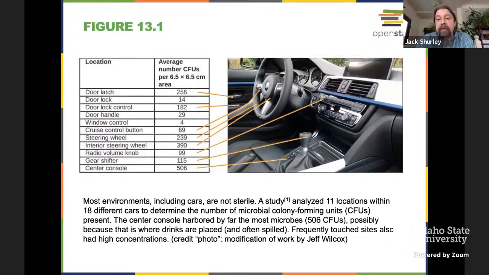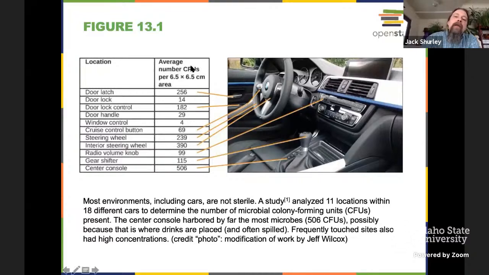In this case, from somebody's car. And it makes you start to wonder what sorts of things you could isolate in your own car. I also think about other stuff like maybe your cell phone. Some of you potentially did swab that to see what was up.